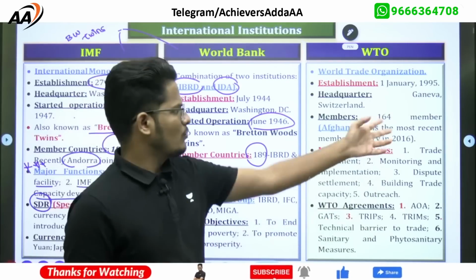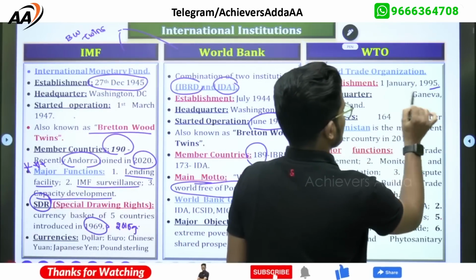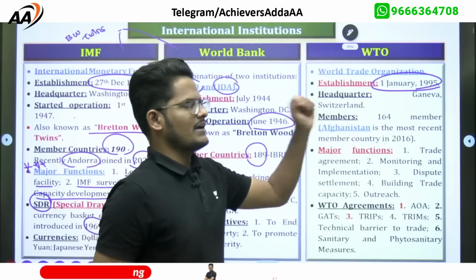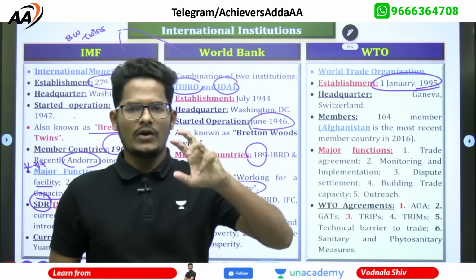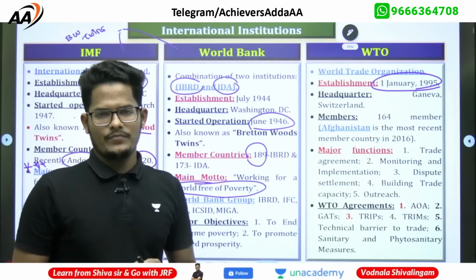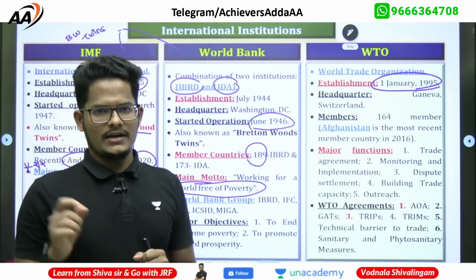And WTO, the World Trade Organization, was established in 1995. In 1944 or 1945, one organization got established, that is GATT, General Agreement on Tariffs and Trade.